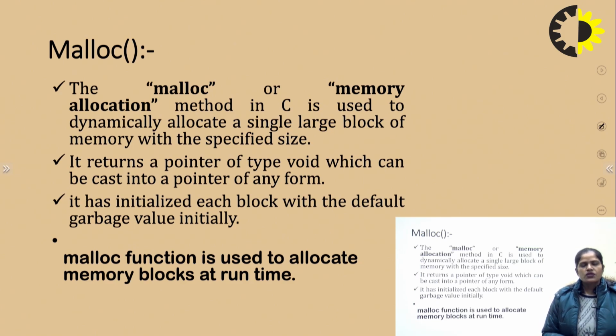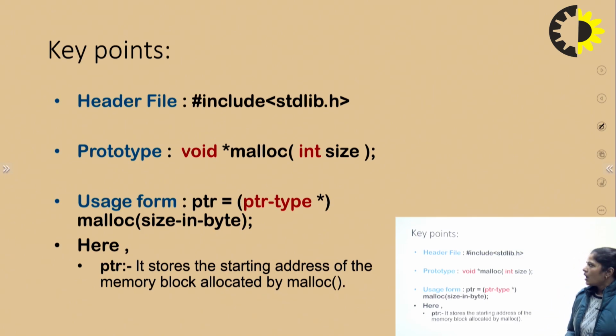So the malloc function is used to allocate a memory block. Memory block means here we have a single block of memory that will be assigned to a particular pointer variable at runtime. How will it be implemented syntactically?